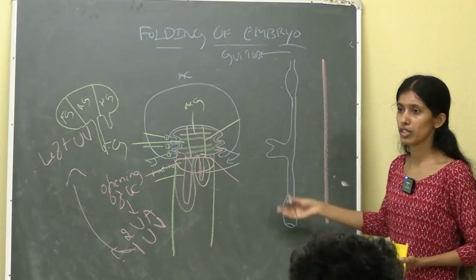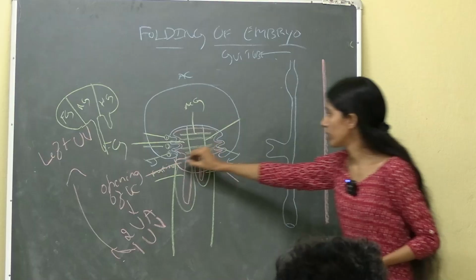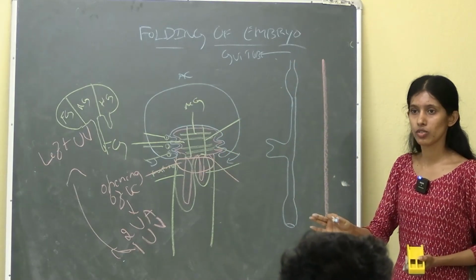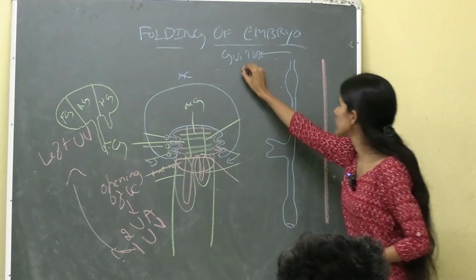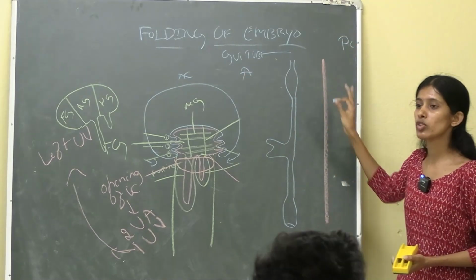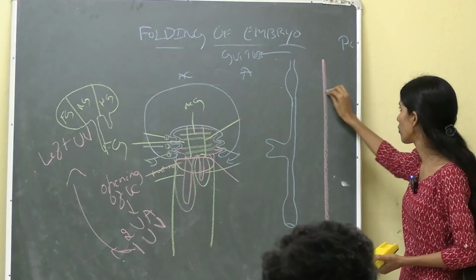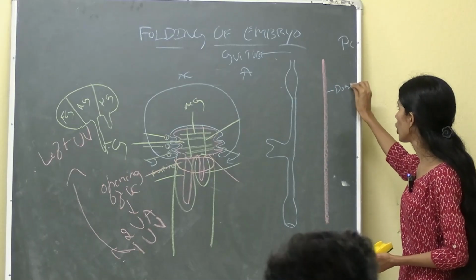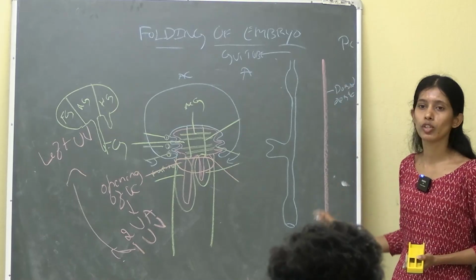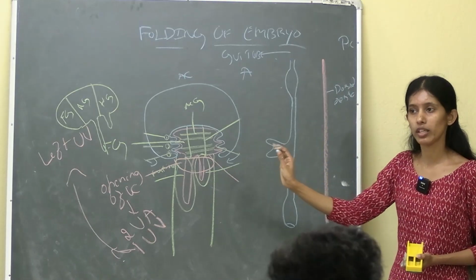This is the representation of your gut tube. Whatever the structures present here, I have drawn in a straight line. Okay. Now this is the anterior side and this is the posterior side. On the posterior side of your gut tube, we have a very important structure, that is the dorsal aorta. So the branches from the dorsal aorta will supply your gut region.